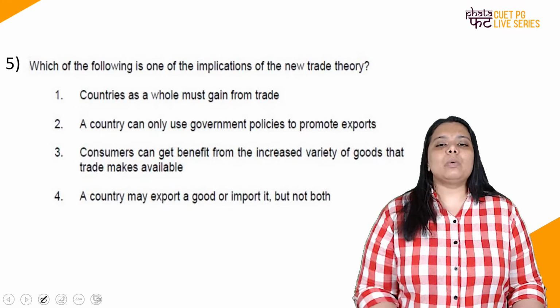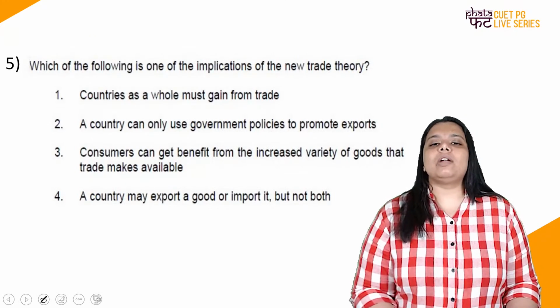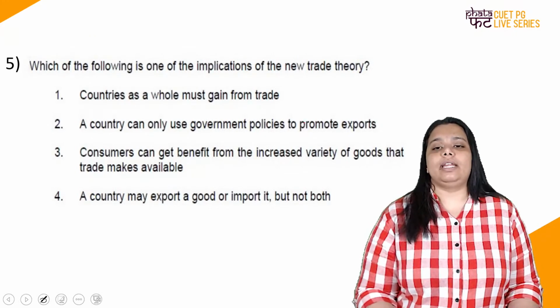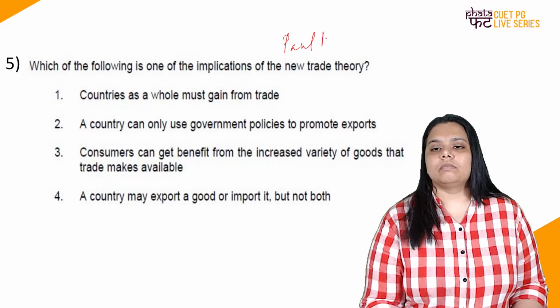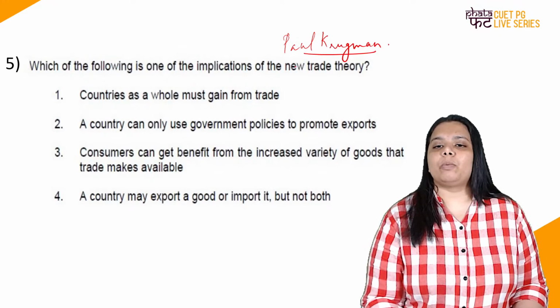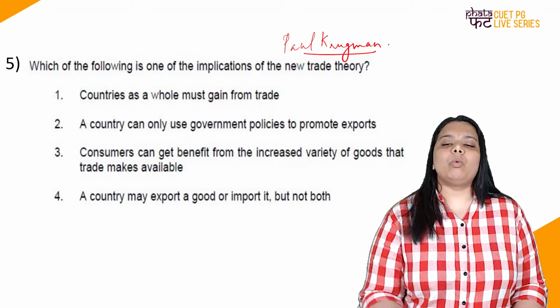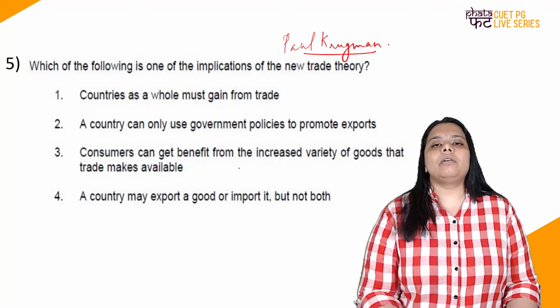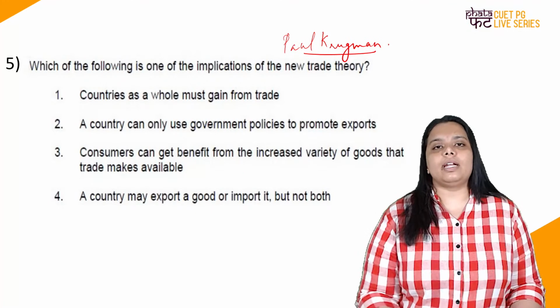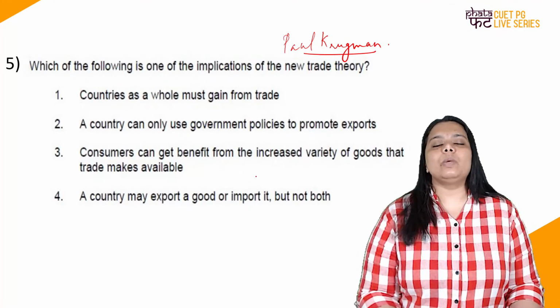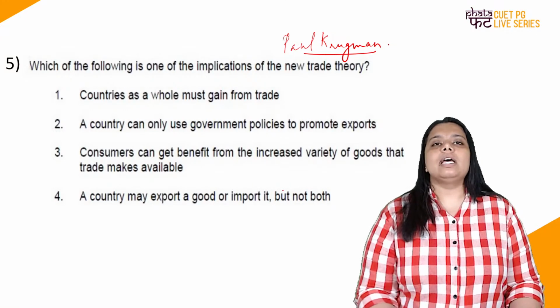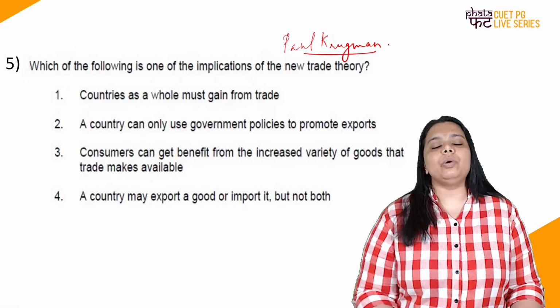Question number 5. Which of the following is one of the implications of new trade theory? New trade theory was put forward by Paul Krugman. He got the Nobel Prize for this new trade theory. What he proposed is that the main reason is the networking effect, and due to this consumers will get increased variety of goods through international trade.